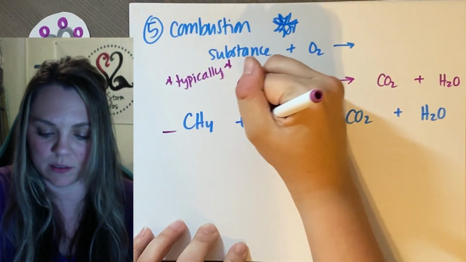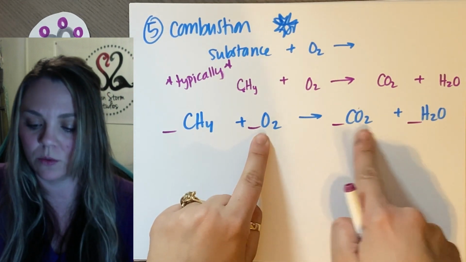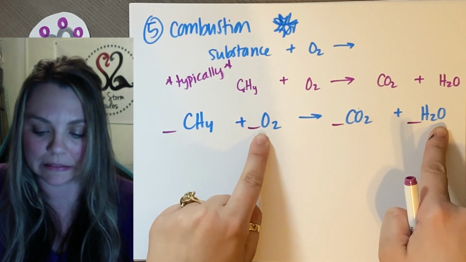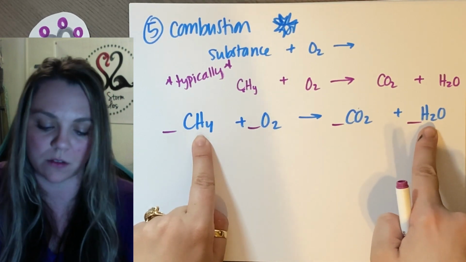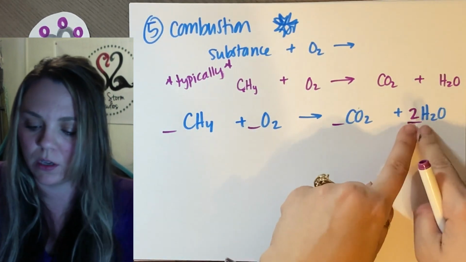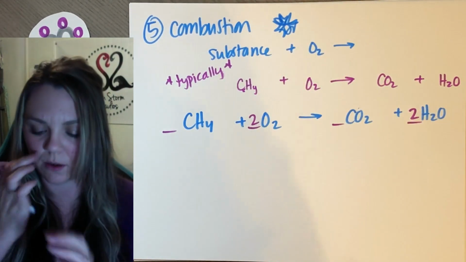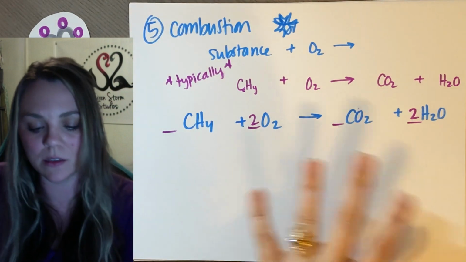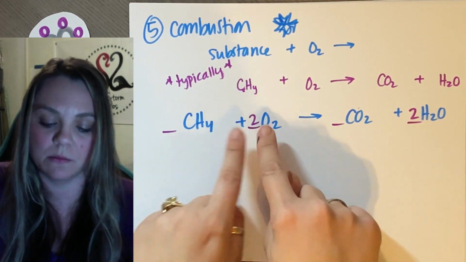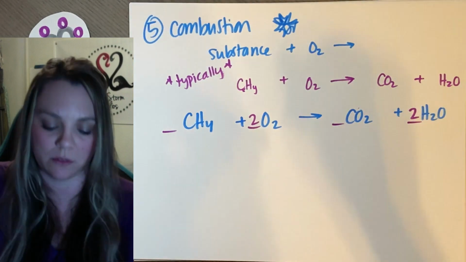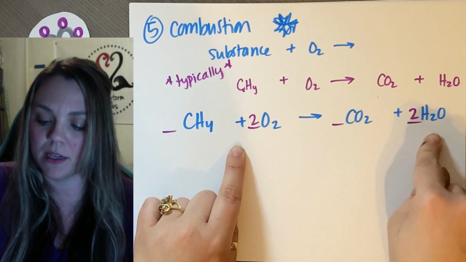And then you would just balance this. 2 oxygens, 1, 2, 3 oxygens, ooh, 1 carbon, 1 carbon, 4 hydrogens, 2 hydrogens. Okay, this is easier. So you have 2, I have 1, 2, 3, 4 oxygens, 4 oxygens, hooray. Okay, this is a combustion reaction. You have some substance plus oxygen. Okay, you've got a nice little explosion or fire, make carbon dioxide and water.